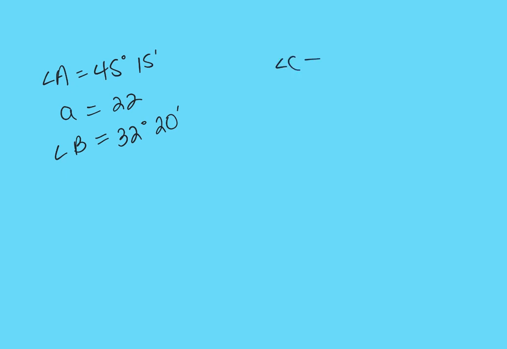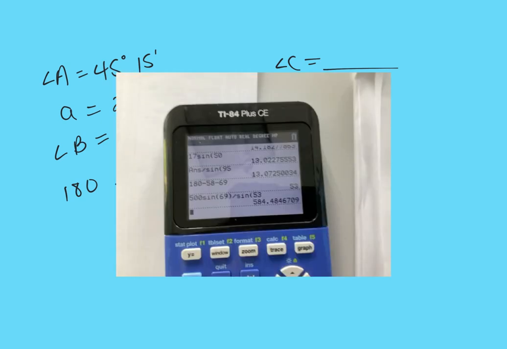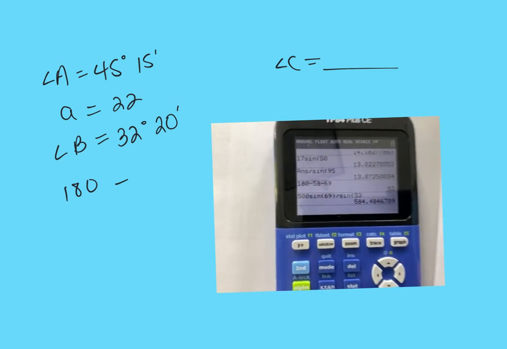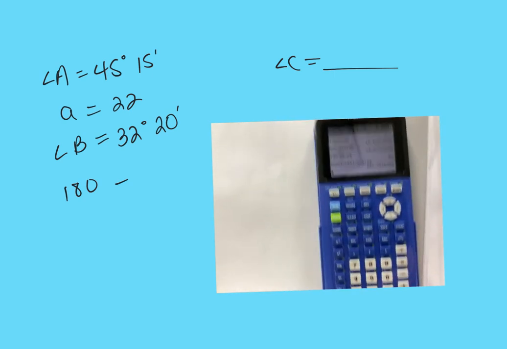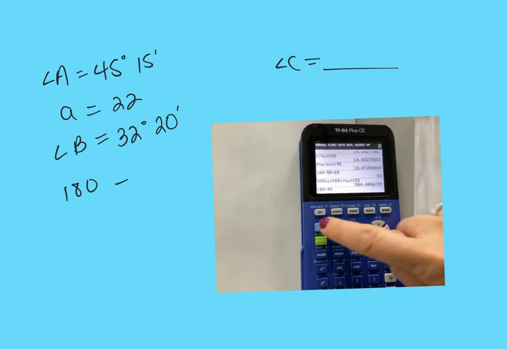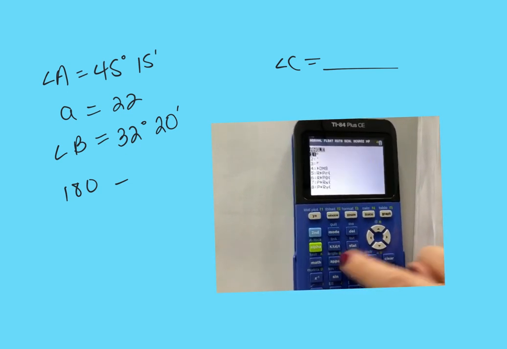So when it wants C, let's say, I have to do 180. So that's why I left the ugly view in here. So I'm going to actually type that in. To find C, I'm going to do 180 minus the other 2. So I would do 180 minus, it's second apps where that menu is.